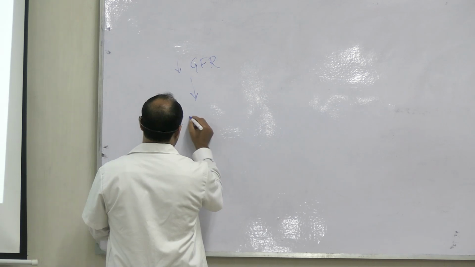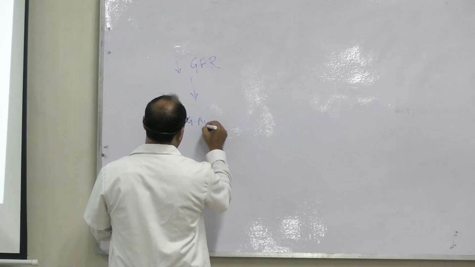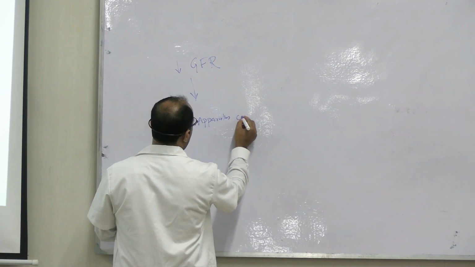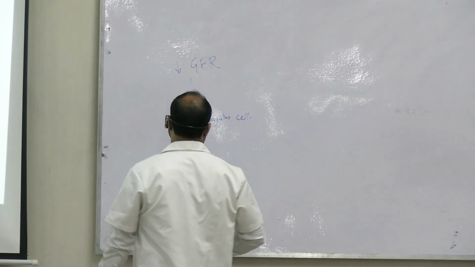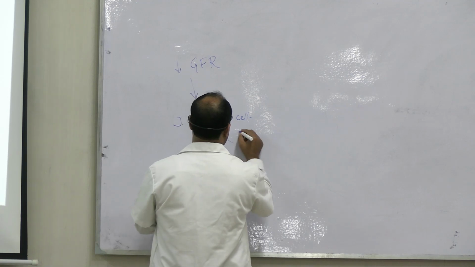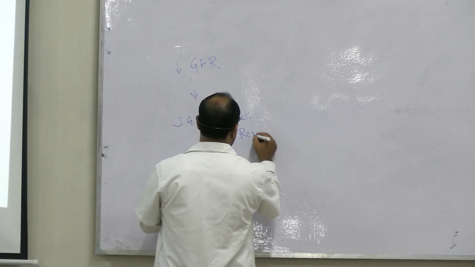They are called juxtaglomerular apparatus cells, and they contain one enzyme called renin. R-E-N-I-N.